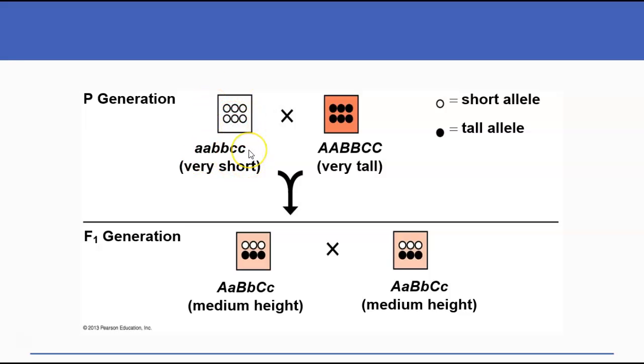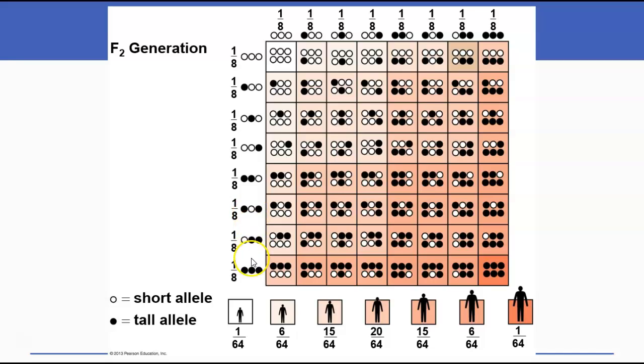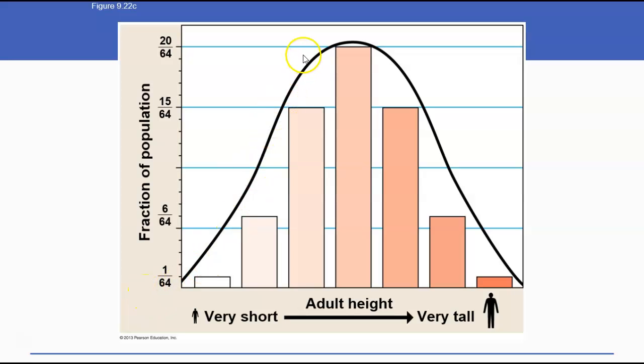If you take a P generation of very short and very tall, you may have some medium height heterozygous offspring. You can see even in that F2 generation, with just 3 different genes, you start to see the shape of a bell curve forming. It's called continuous variation because there are multiple different genes involved.